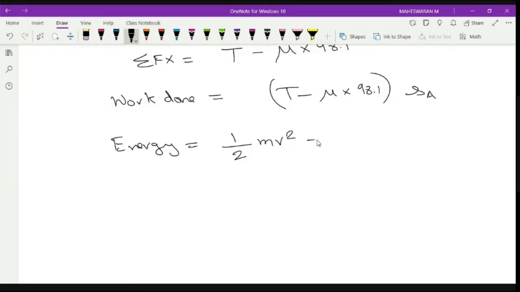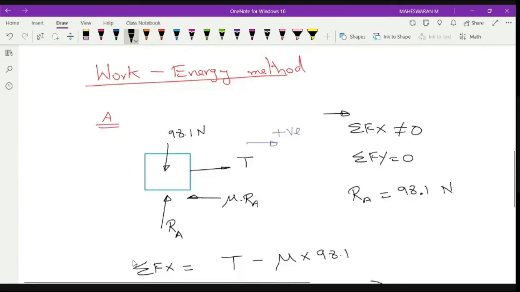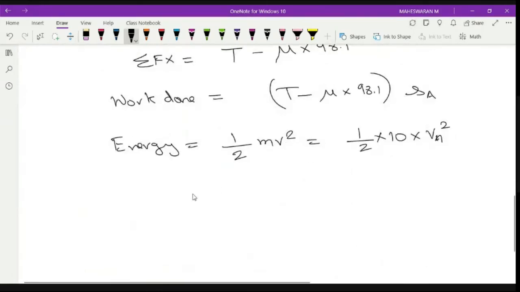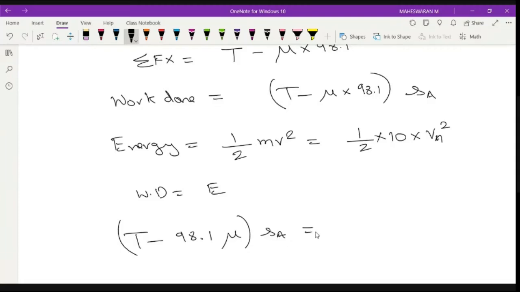We have only kinetic energy, which is half into 10 into v_A squared, since m is 10. So I get 5 v_A squared. Work done equals energy, so I can equate it: T minus 98.1 mu, times s_A, is equal to 5 v_A squared. Let me consider this as equation 1.